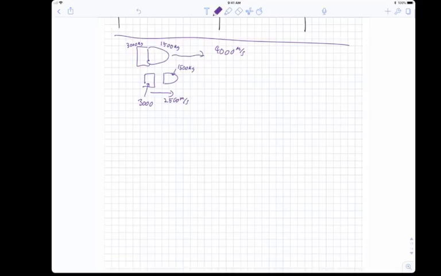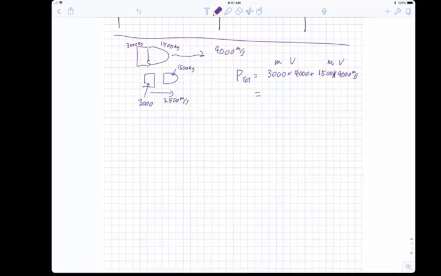And it's a momentum question. P total is equal to 3,000 times 4,000 plus 1,500 times 4,000 meters per second. All right, so this is mv. 3,000 plus 1,500 times 4,000.